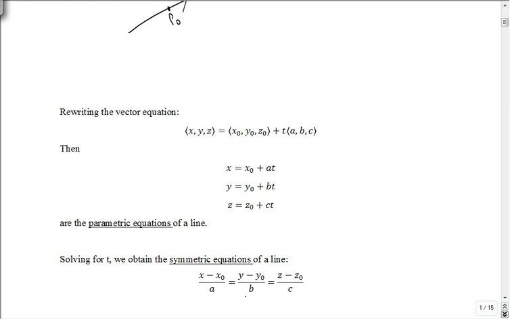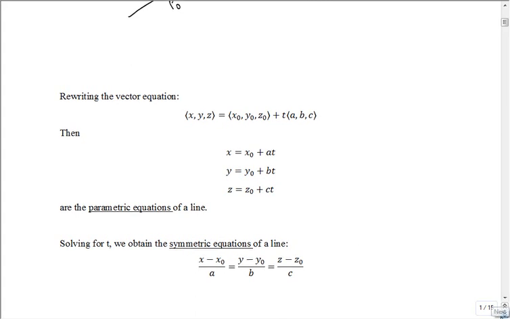Put them all equal to each other and you get the symmetric equations. Again, note the denominators form the components of the direction vector. I'm telling you this because a lot of times when you see problems involving lines and planes, you have to pull out the direction vector from the equation of the line. So I'm showing you how to get it, okay?